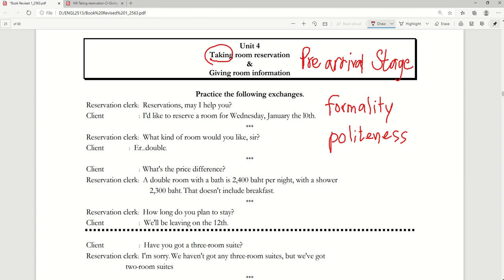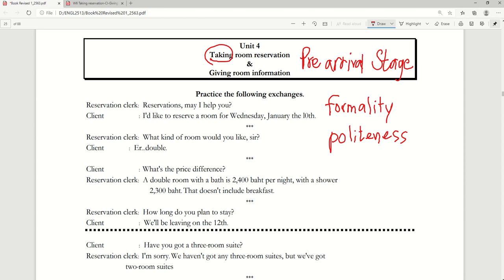Even in Chinese, even in Thai, even in Korean, for other languages, and also in English, we have levels of language.